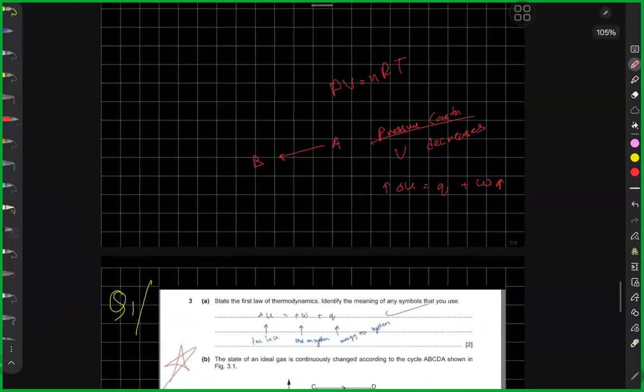Why? Because look, when you're working with that idea, PV is equal to nRT, you cannot just work with one of the relations and try to find out what's happening to the entire system.